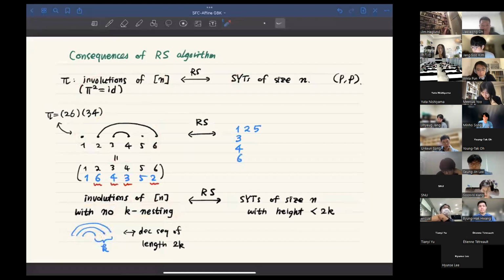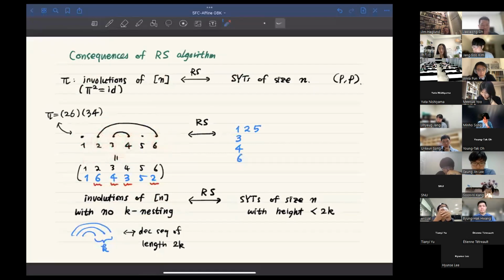And you can see if we have a k nesting in this involution or matching, then in the corresponding involution there should be a decreasing subsequence of length 2k. For example, here, if you look at this, then you see this corresponding involution looks like this. And this is really 6 and 2 in the one-line notation, and 4 and 3. As you can see, these 4 numbers are decreasing.